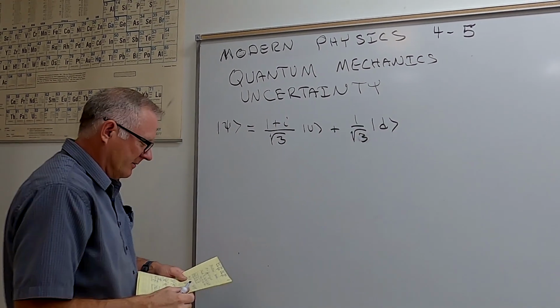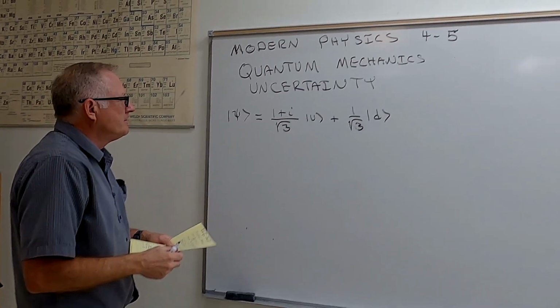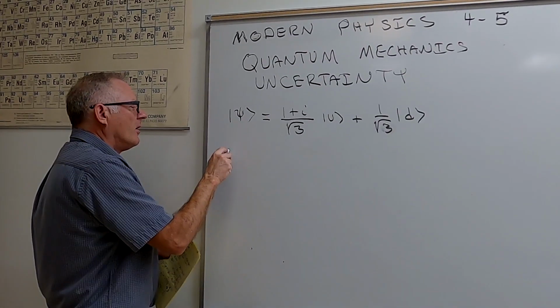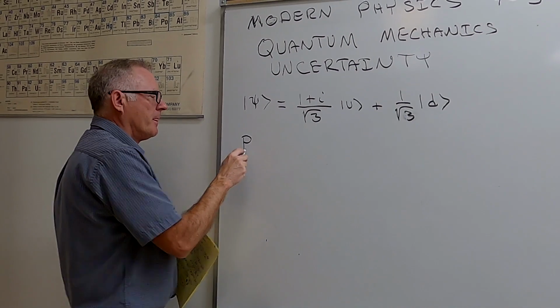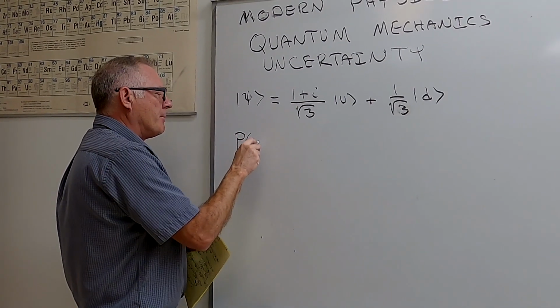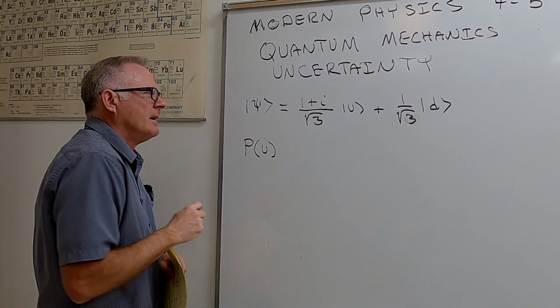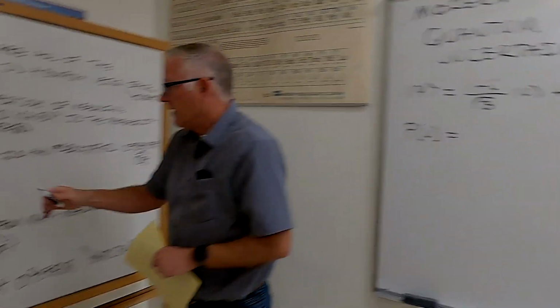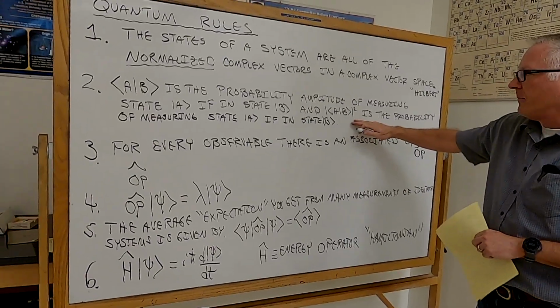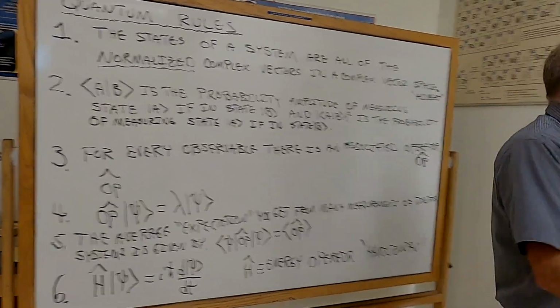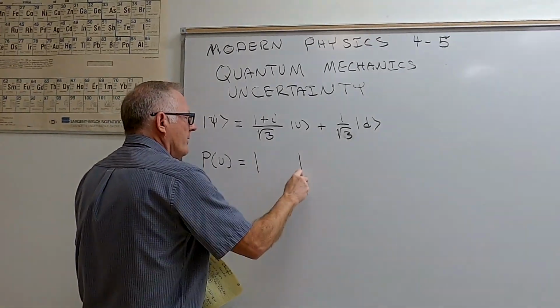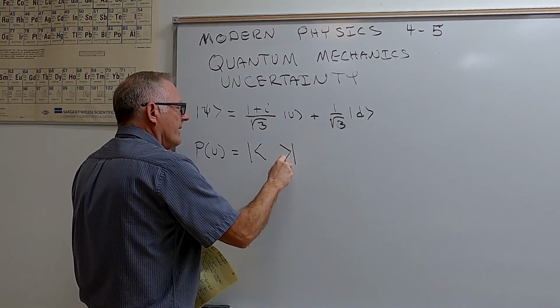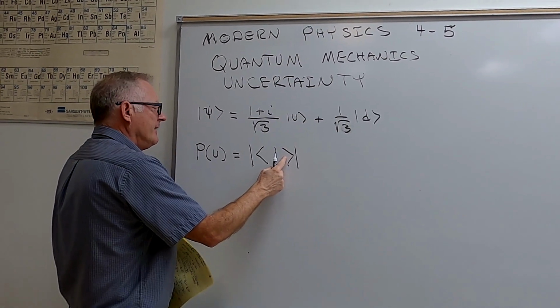It's normalized. Okay, so if we asked, first of all, what is the probability of measuring up? Now we could just use this formula right here. Remember, you write the little dot product right there, and this is the state you're in.